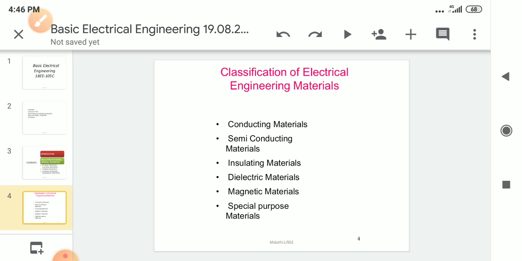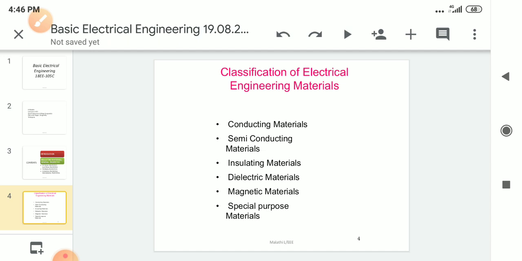Hundreds of types of insulating materials are available in the market. So the selection of the right insulating material for a particular purpose is very important, because the life of electrical equipment completely depends on the type of insulating material used around that machine. But we have so many types of insulating material.